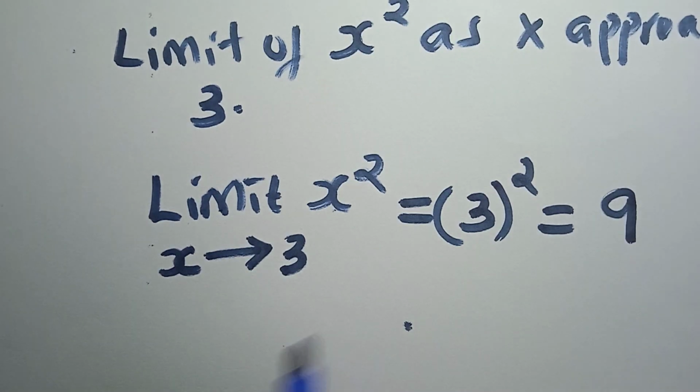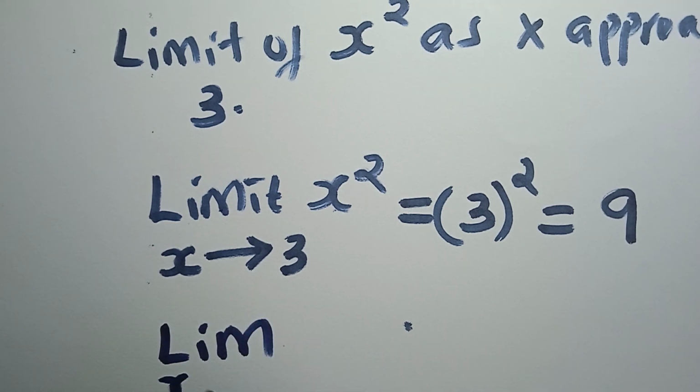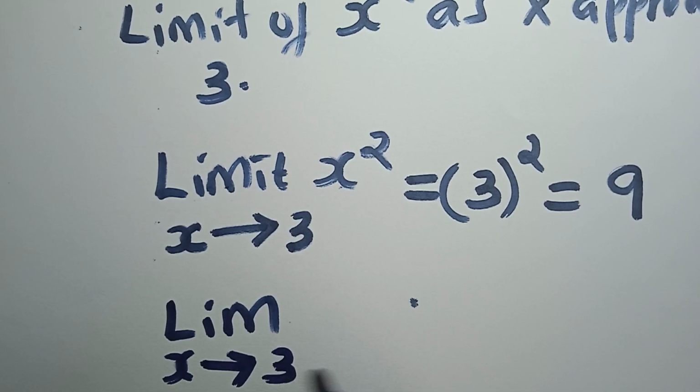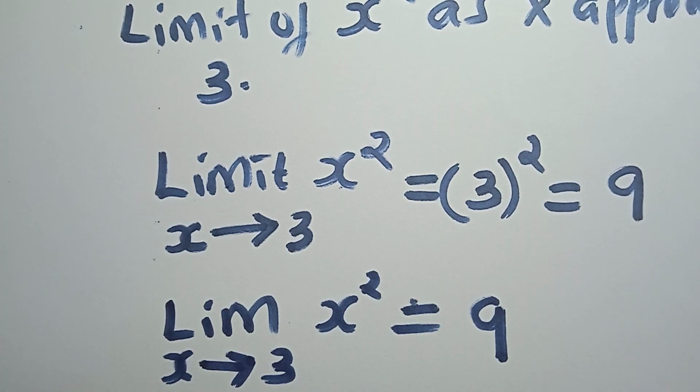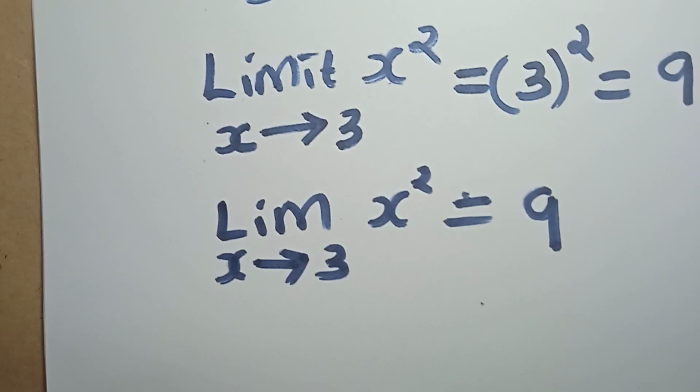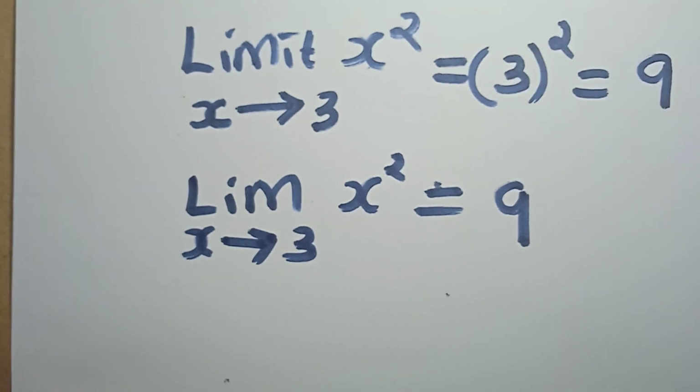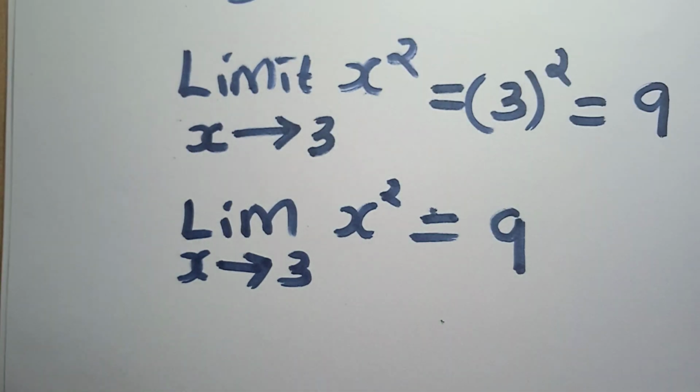Or sometimes we write in short, lim as x tends to 3 of x squared is 9. So if you are asked to find the limit, then it's just about substituting. The idea of limit is nothing so difficult as such.